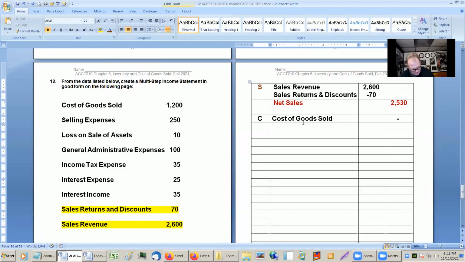So there are things that are leaving the place, and that will give us our gross profit, $1,330.